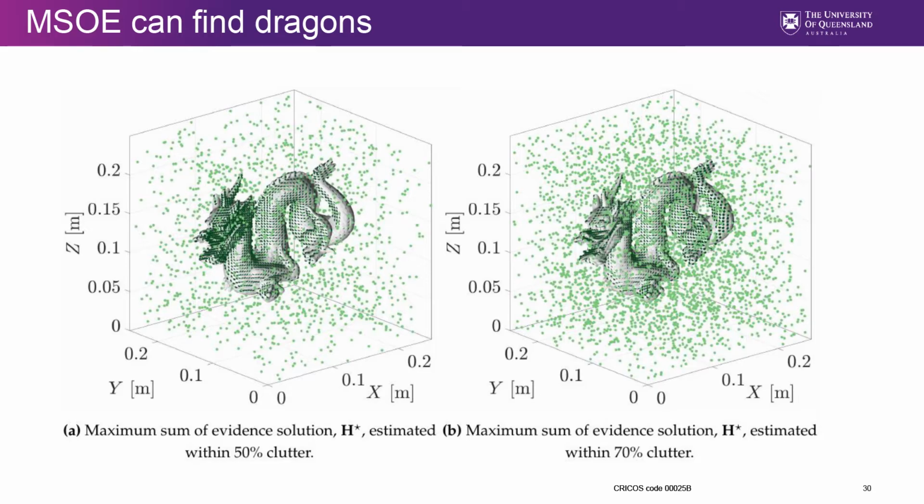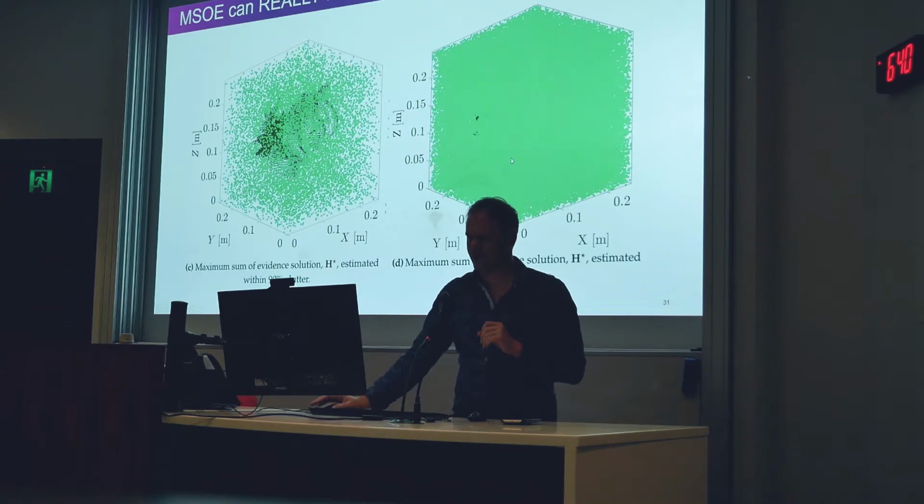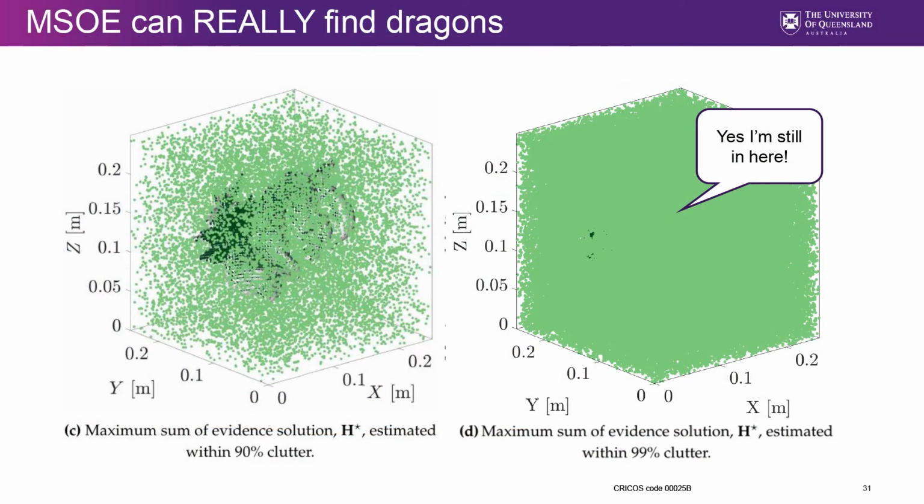The true hypothesis is supported by half of the data here. No other hypothesis will be supported by half of the data, if that makes sense. So it is possible to make them, but not all of them at the same time. 70% clutter still works. 90%, even 99%, he's still in there. I didn't put this figure in the paper because at that point it was just kind of showing off.